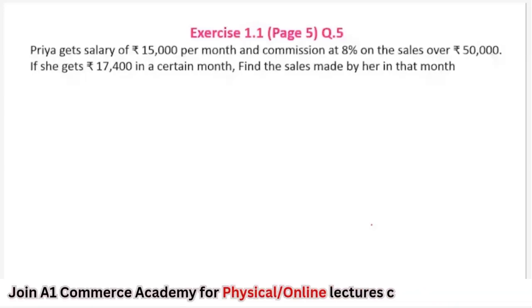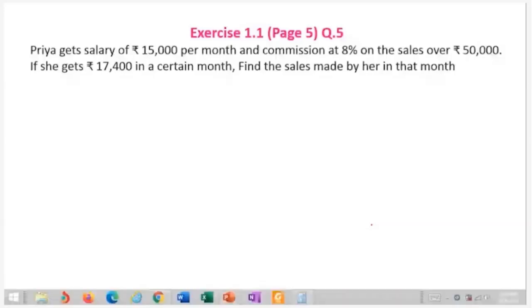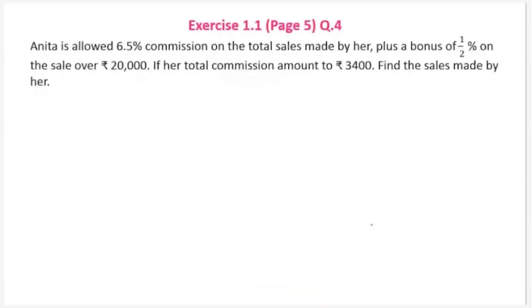Question number 4 again. What happened in question number 4? Anita is allowed 6.5% commission on the total sales made by her, plus bonus of 0.5% on the sales over 20,000.